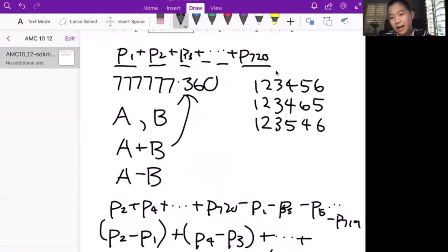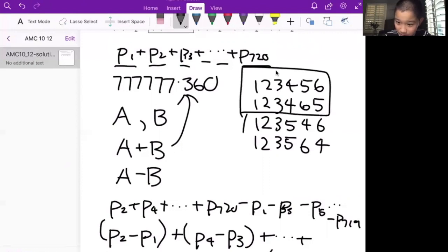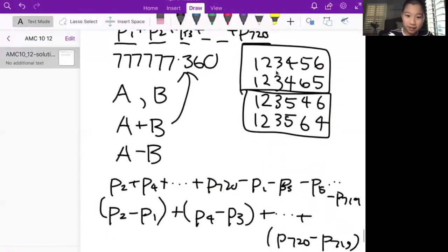And then the last two digits need to get switched, so 1, 2, 3, 5, 6, 4. You might be realizing a pattern here. The first four digits of each group would be the same. So only the last two digits, we need to take the difference of the last two digits.